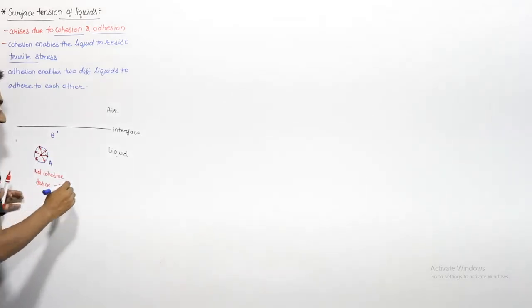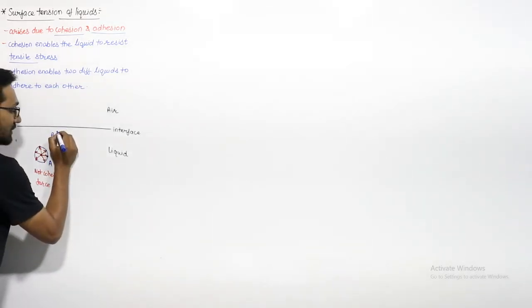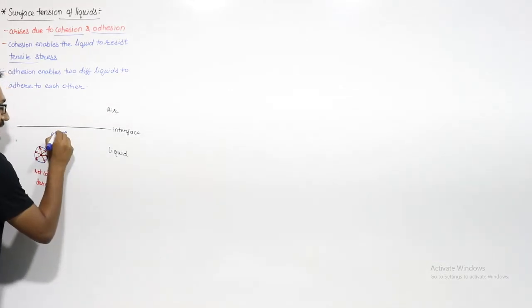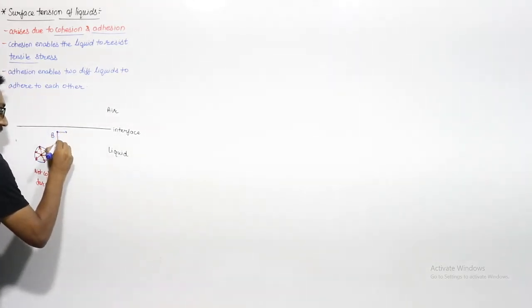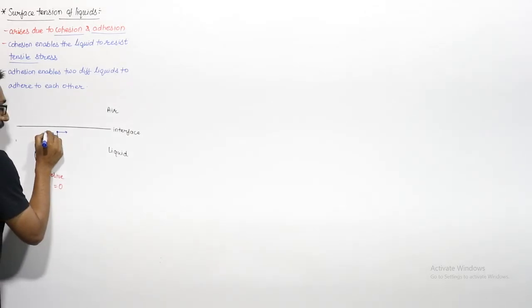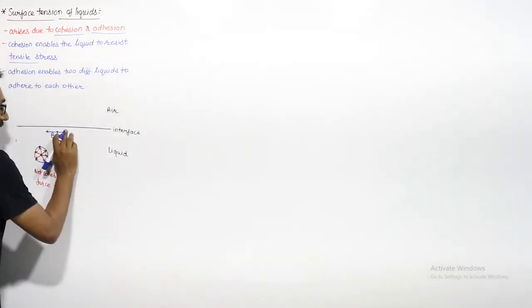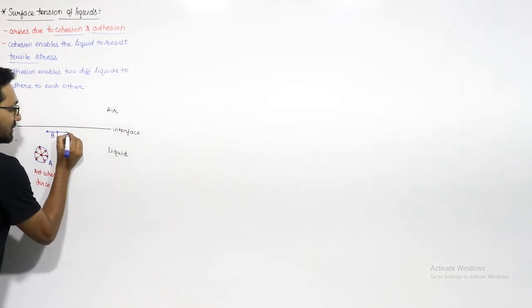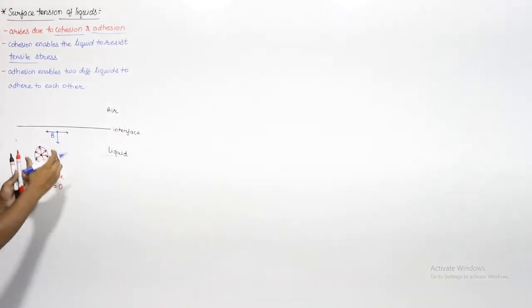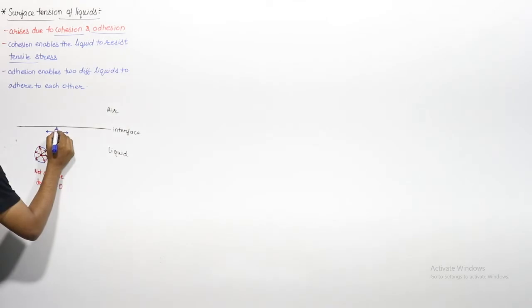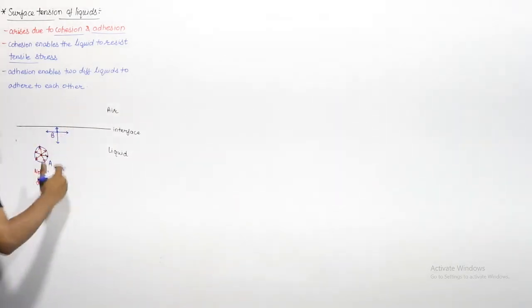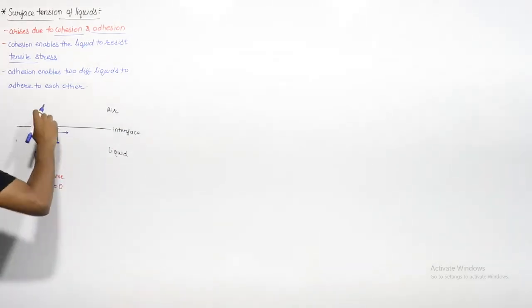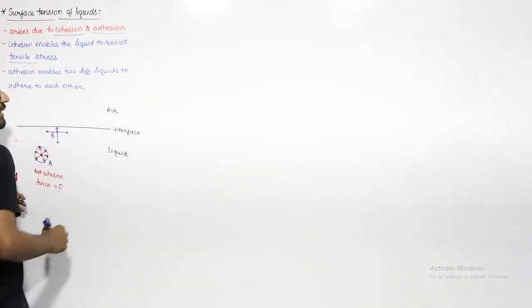So if we say this particle B is exerted by forces like this, one particle will be here, one particle will be here, right? These particles exert the cohesive force of attraction, and there are some particles above which also cause an attractive force, but as the particles above B are fewer, the attractive force in the upward direction is less.